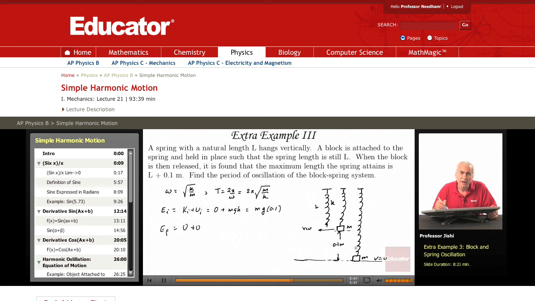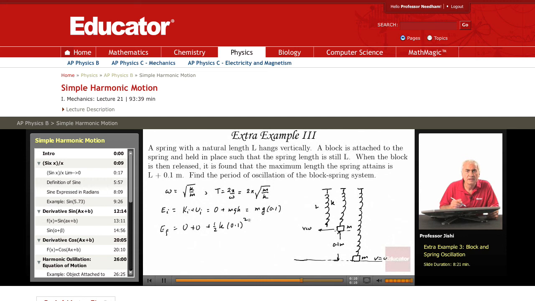It's extended by h, which is 0.1. So the spring being extended, there's a potential energy in the spring which is half k x squared. x is the extension. How much is the extension? h, which is 0.1. 0.1 squared.